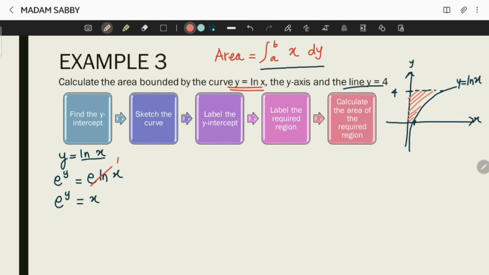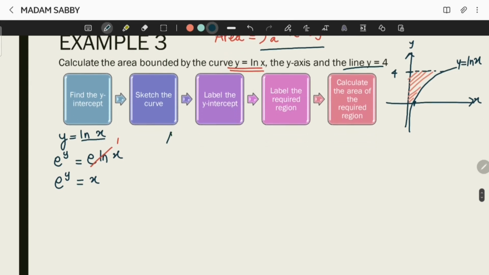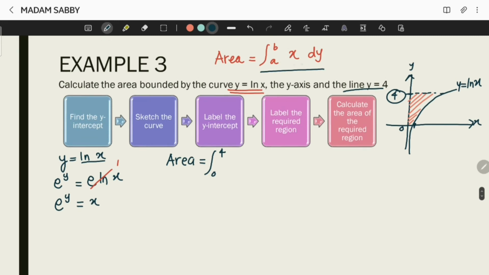So how to solve this? The area equals, your upper limit is the biggest y number that we labeled in the graph, so 4, and the lower limit is 0, and then x dy.